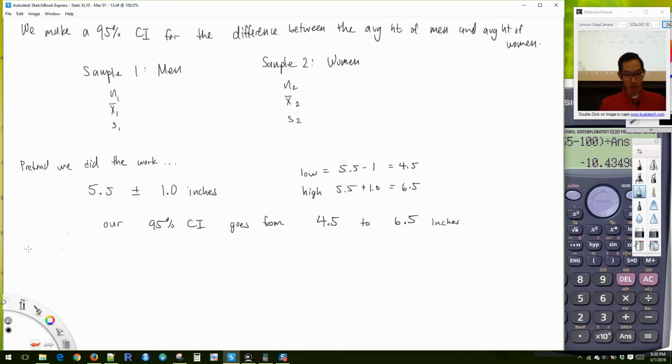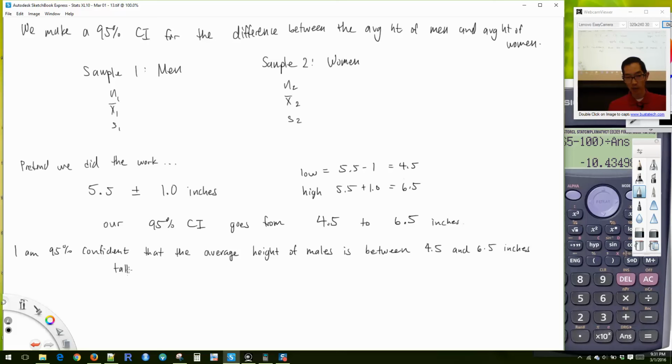Okay, so our statement will be something like, I am 95% confident that the average height of males is between 4.5 and 6.5 inches taller or higher than the average height of females.